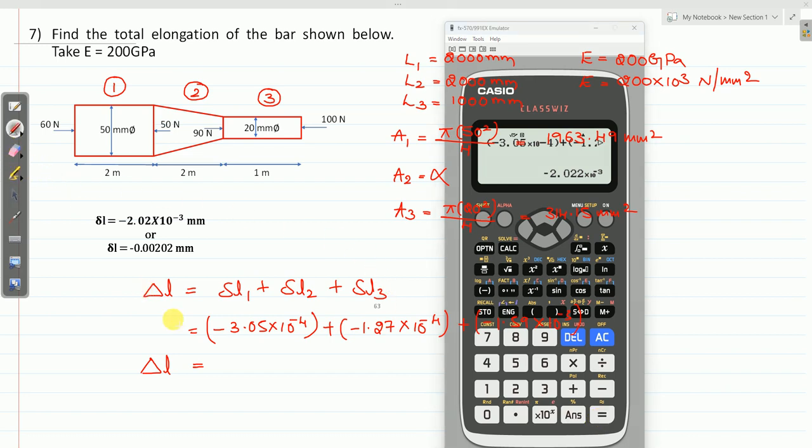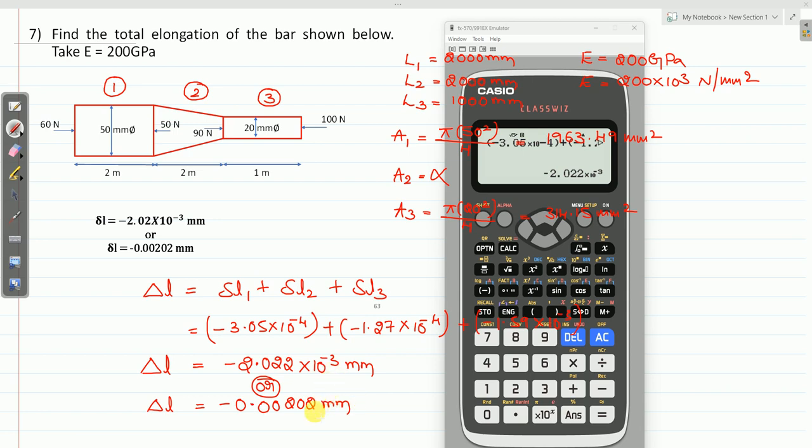The final answer is minus 2.022 into 10 raised to minus 3 millimeter, or it can also be written as delta L equals minus 0.00202 millimeters.